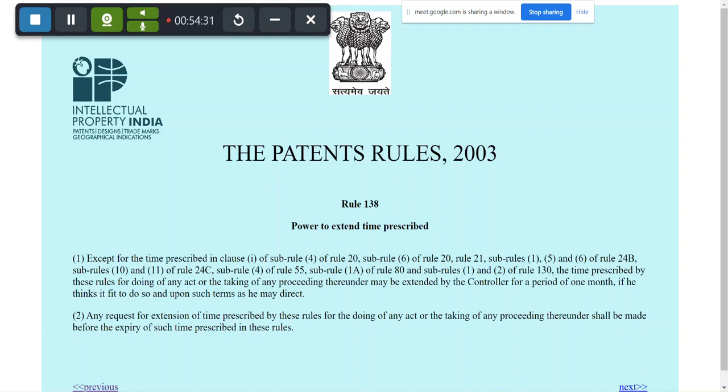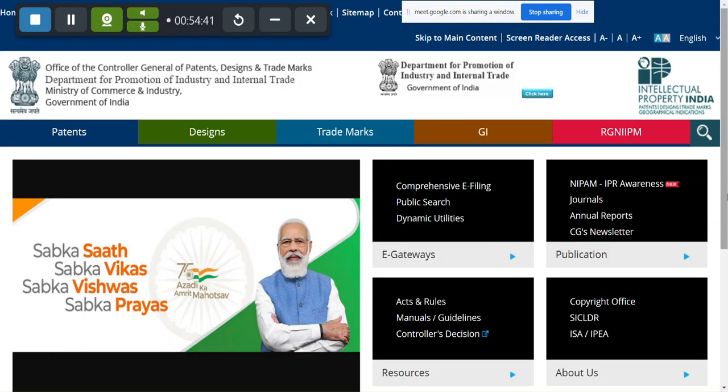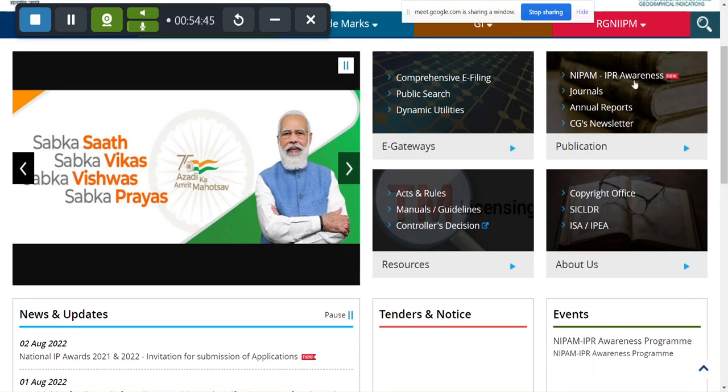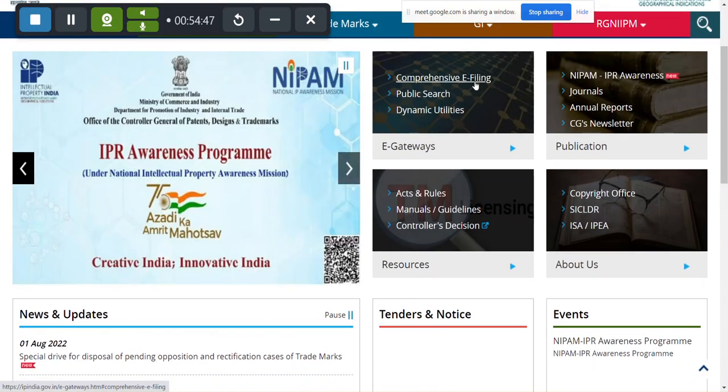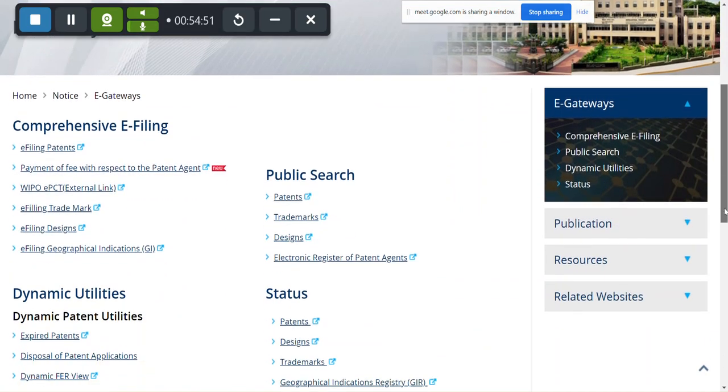Thank you. So we are here, this is the fees we have obtained from this. Then one more thing I have to share is the e-filing. After registration as a patent agent, you will get the patent agent number.